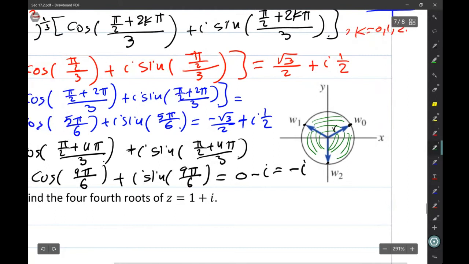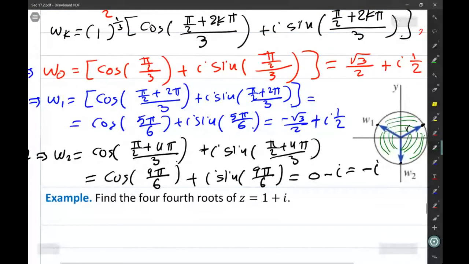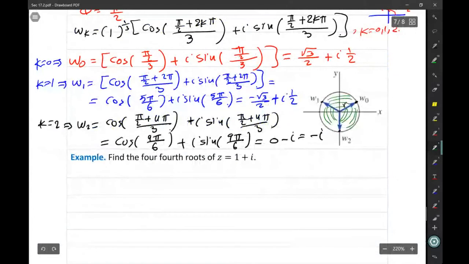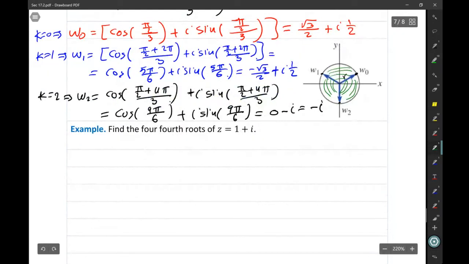The three roots divide the circle with center 0, 0 and radius R into three equal parts. In case we have four roots, they will divide the circle into four equal parts. In case we have five roots, they will divide the circle into five equal parts. We will see in the next examples how this works.